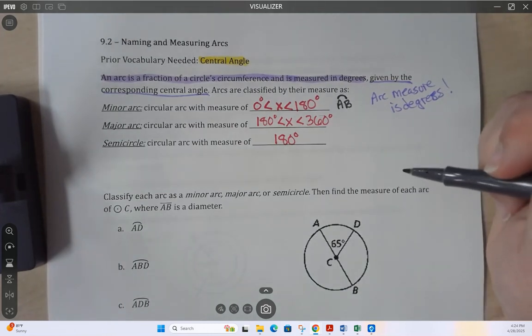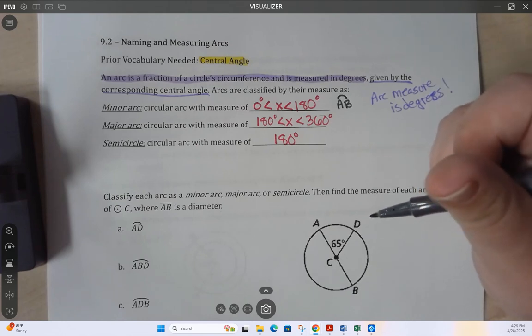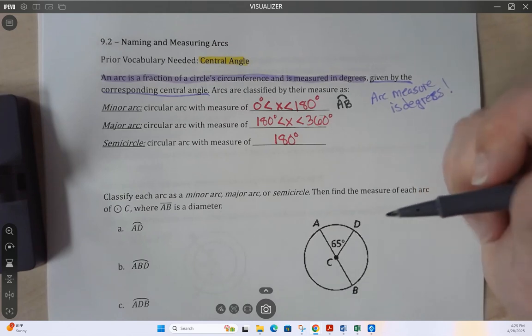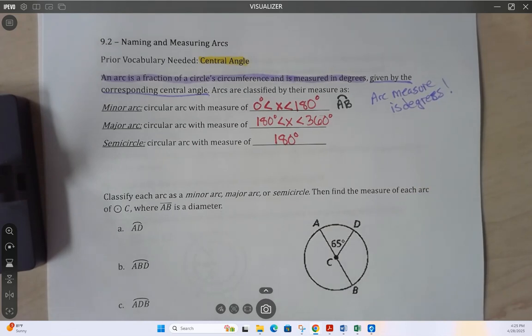Now, the difference with a major arc is that a major arc has to give you more than just the endpoints, because oftentimes those endpoints don't tell you which direction to go around the circle. So we need 3.